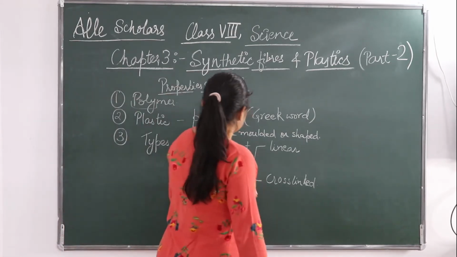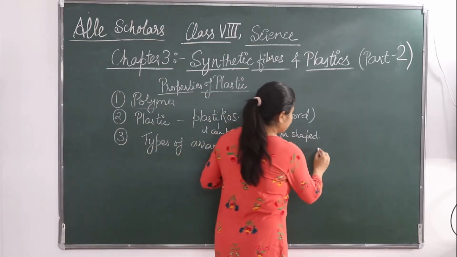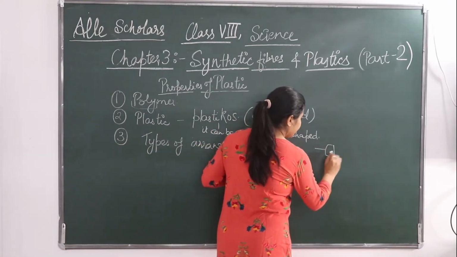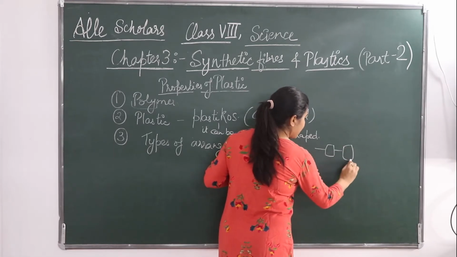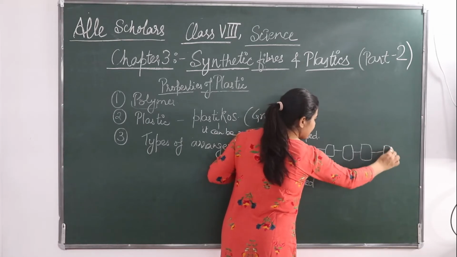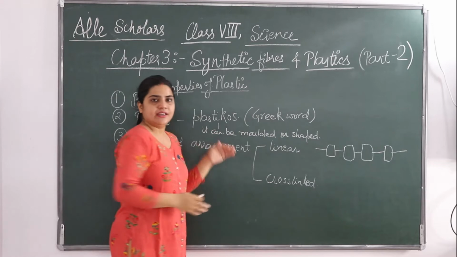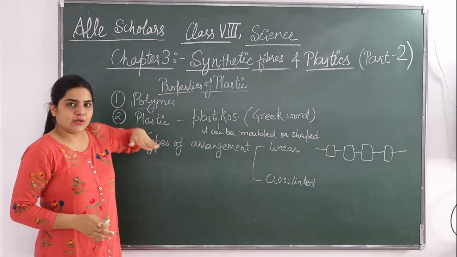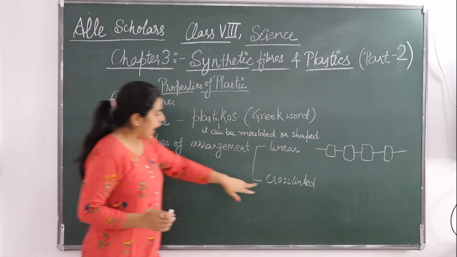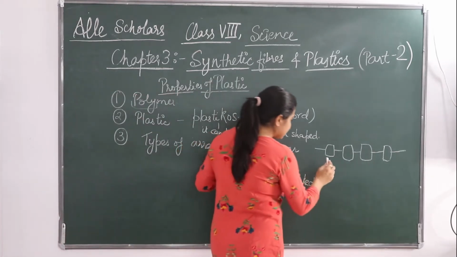If we see a linear arrangement, this is the arrangement. The small units of plastics are arranged like this. It means they are arranged linearly, in one line. And the other one is a cross link.